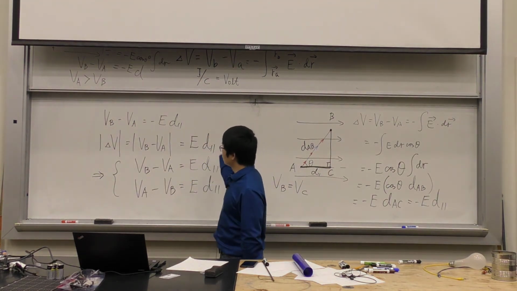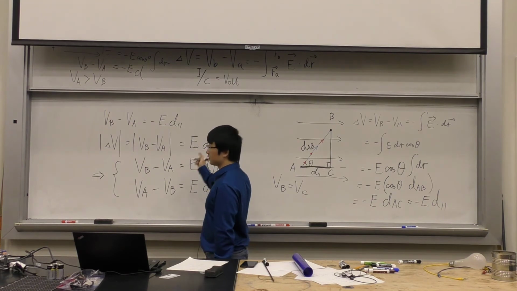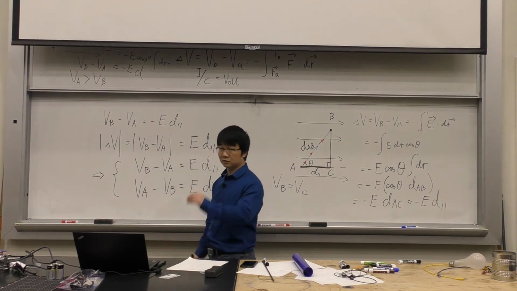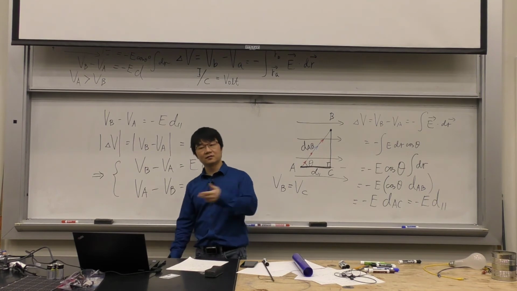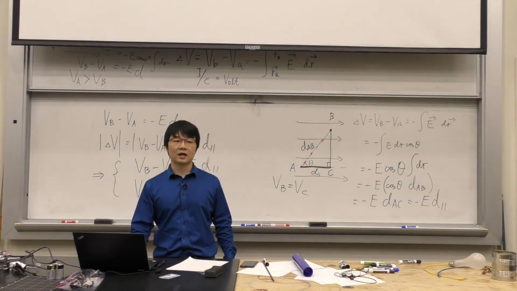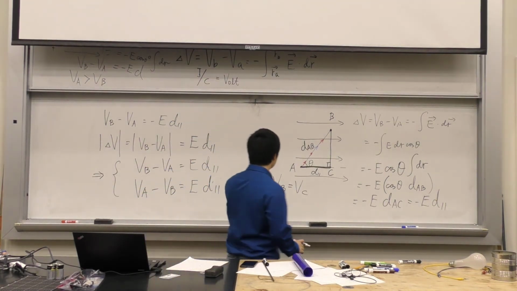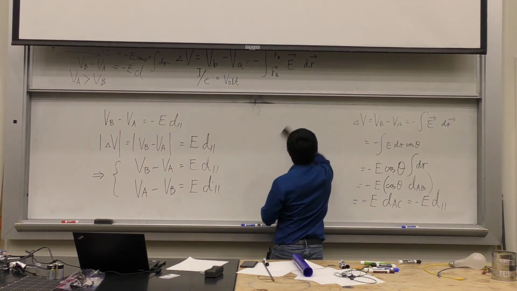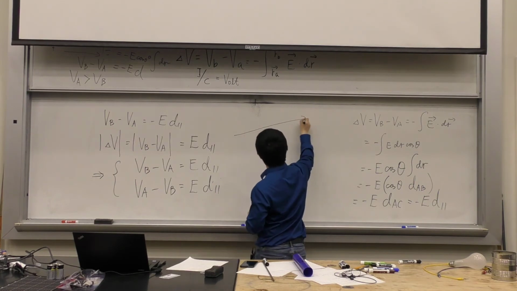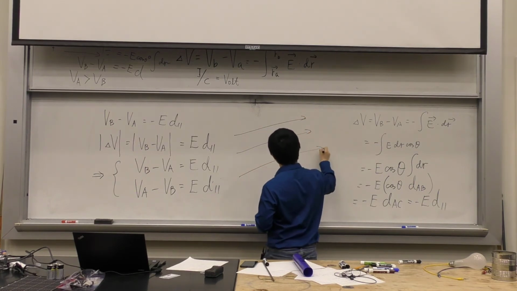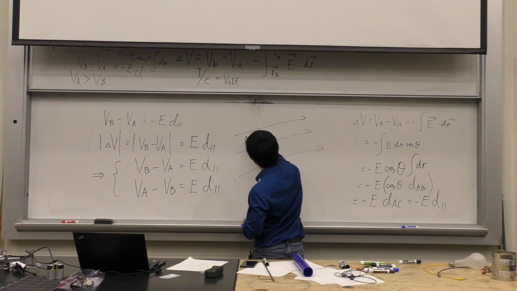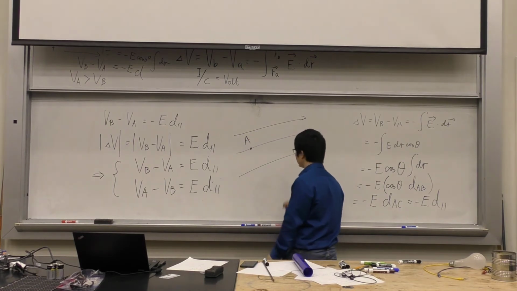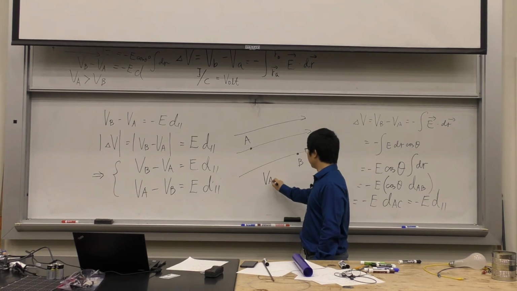Whatever these 2 points are, the value of the difference between them is going to be E times the parallel distance. Now take a look at the electric field lines, because I learned that electric field lines always go from a higher potential to a lower potential. So if I calculate this value and then I see this is A, this is B, of course VA is going to be greater than VB in this case.